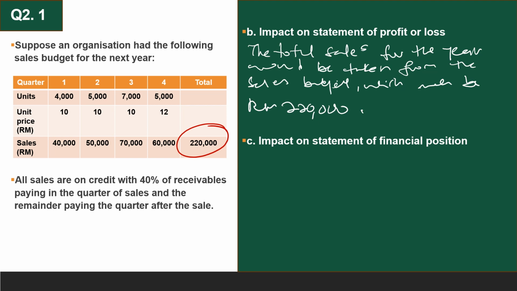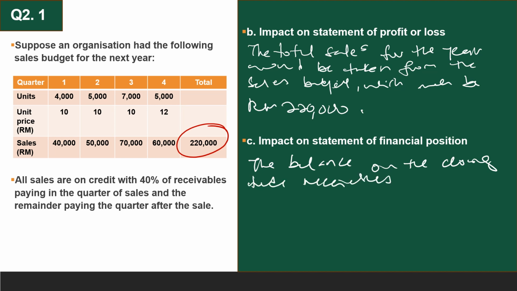And what is the impact on the statement of financial position? The impact is the balance on the closing trade receivables, which would be the 60% receivables from quarter 4.